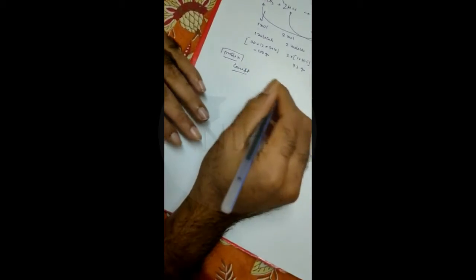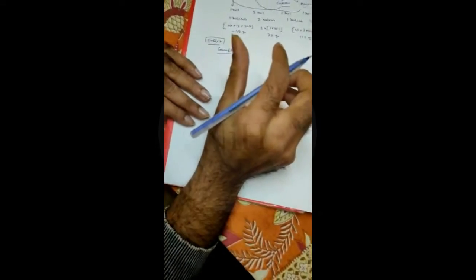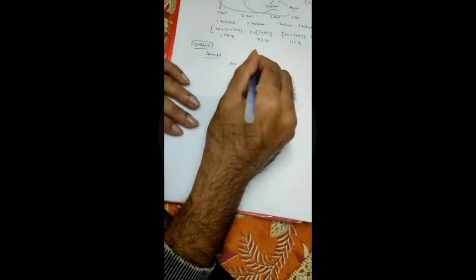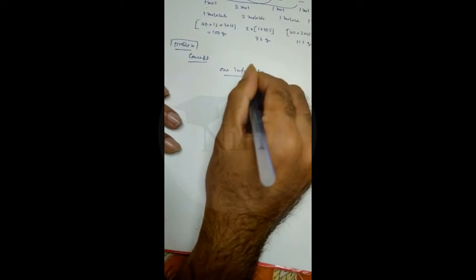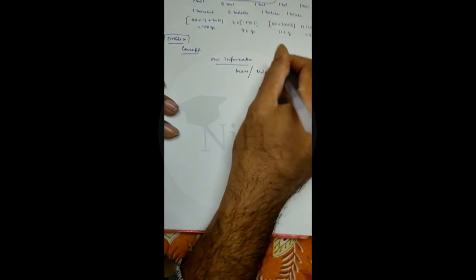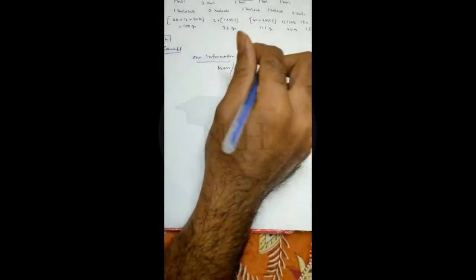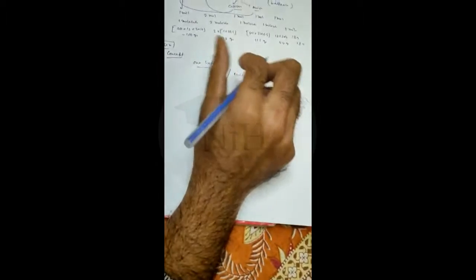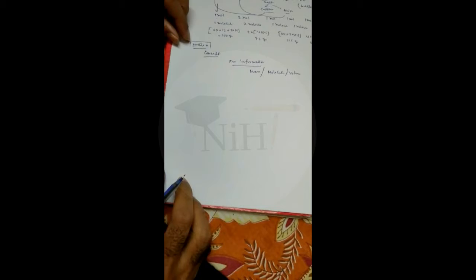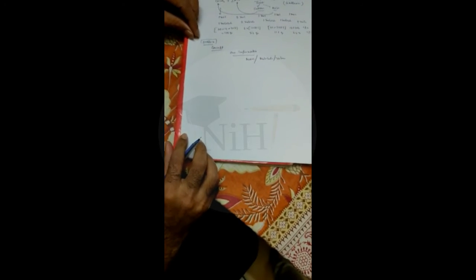If any question is given with only one piece of information, that may be mass, that may be molecules, that may be volume, we follow that concept. Okay, so let's try a question where we use the first concept.